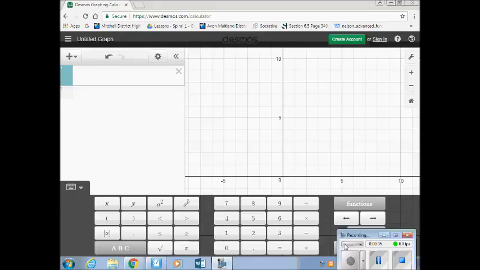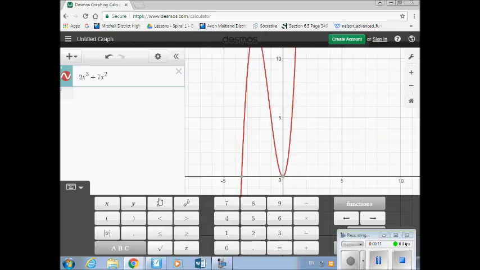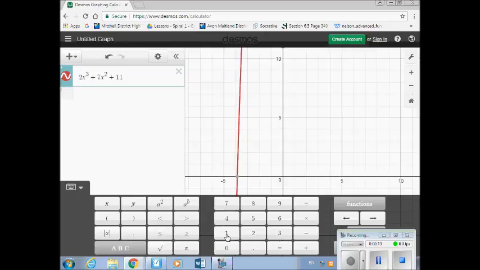So we have 2x cubed plus 7x squared plus 11x plus 10. Now, if you notice on the question, we have equals 0, but watch what happens when I put equals 0 here. When I put equals 0, the graph that I did have there a moment ago is gone.